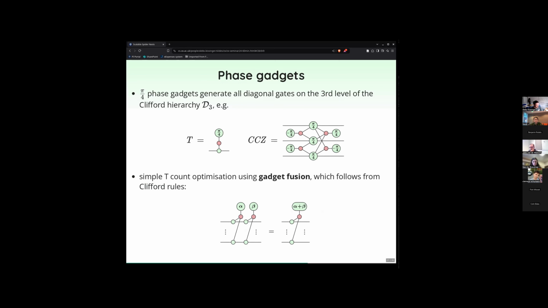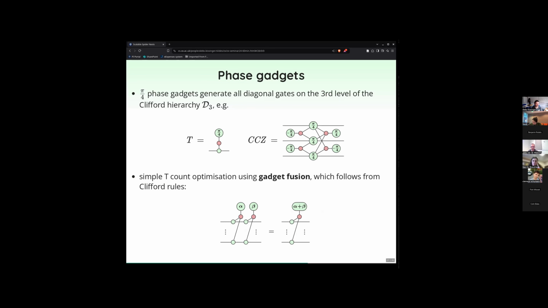In ZX land, we've been thinking about phase gadgets for a while. One of the first things we were using them for was optimization, for instance to reduce the number of T gates in a circuit, where the rule that really does the work for you is called gadget fusion. This says if I have a pair of phase gadgets acting on the exact same set of qubits, then I can just add their phases together.